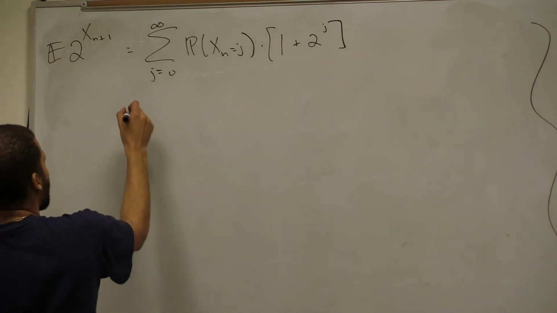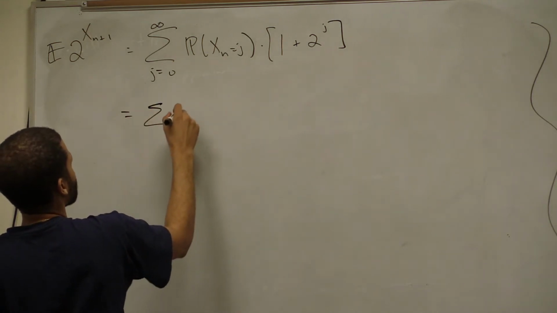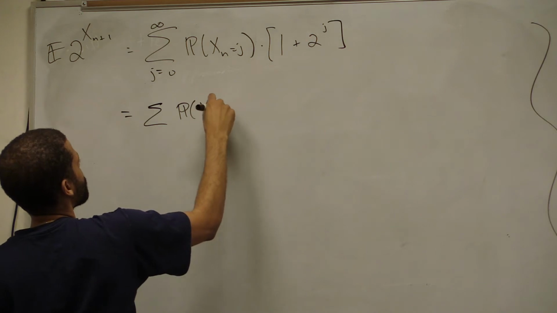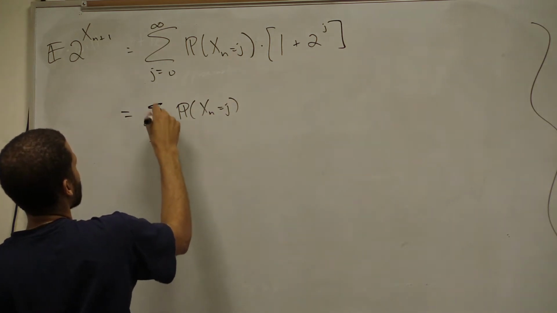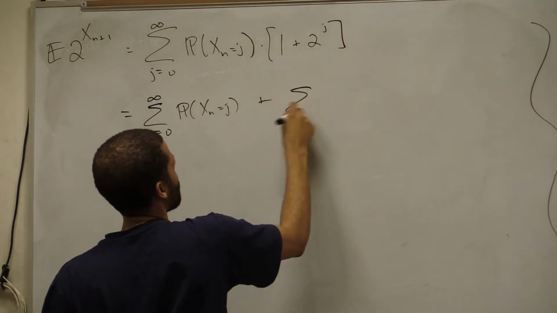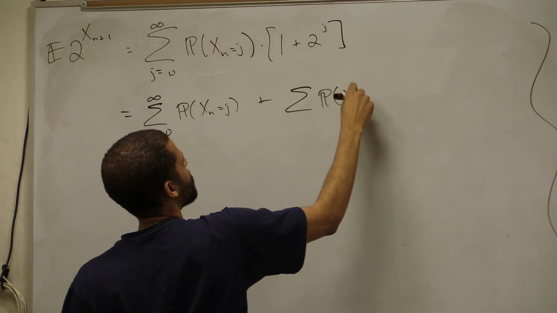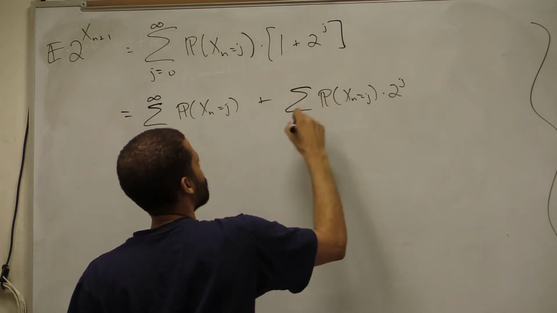I can write that as the sum of the probability that xn is equal to j, plus the sum of the probability that xn is equal to j times 2 to the j.